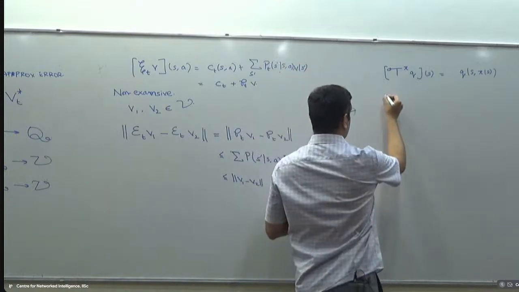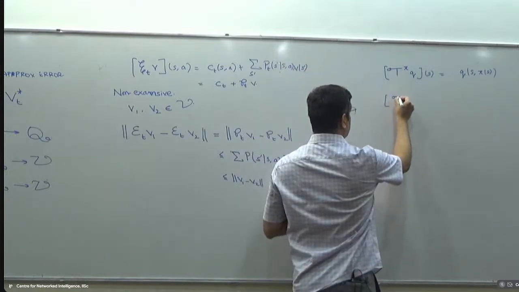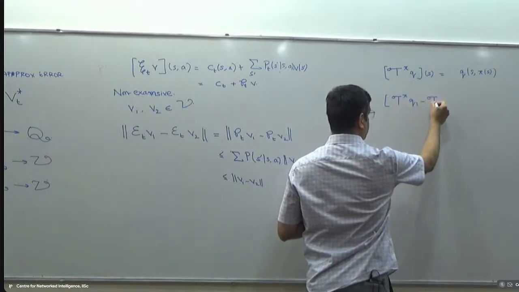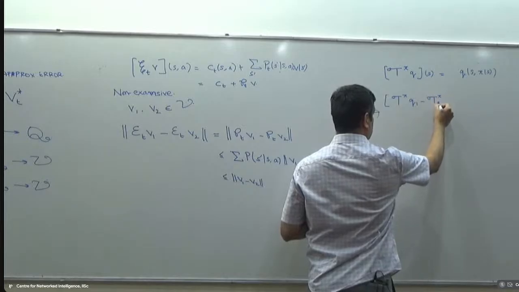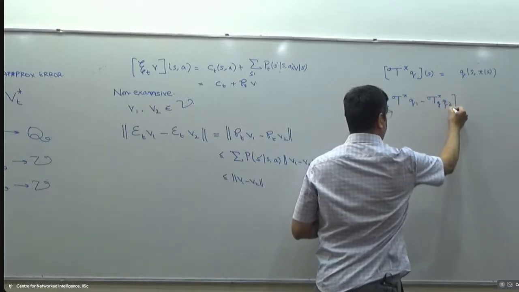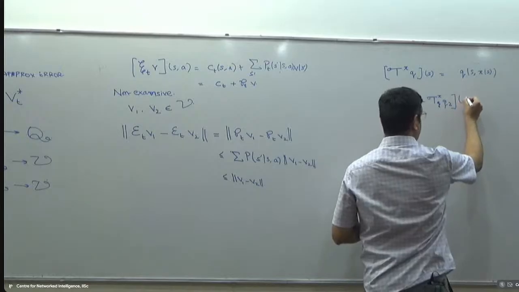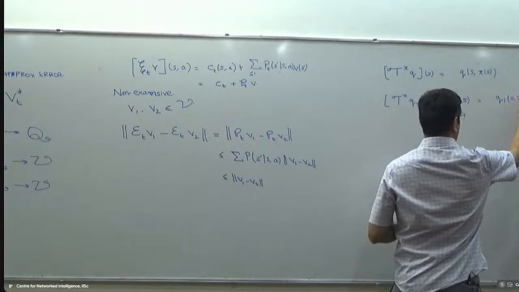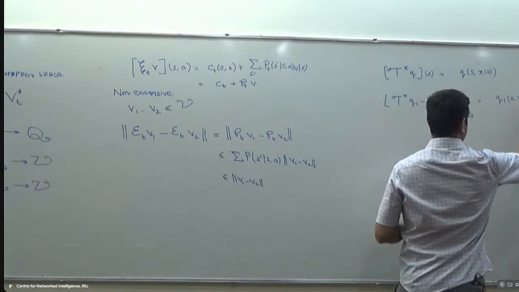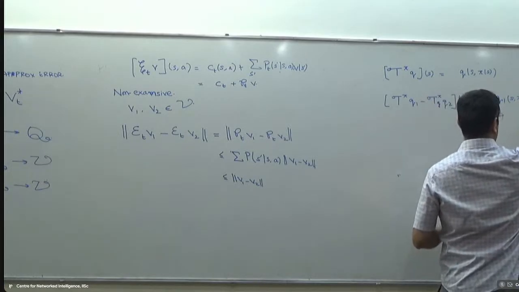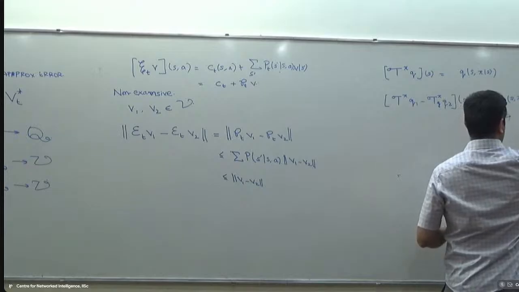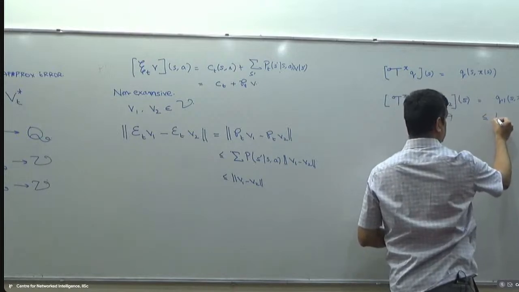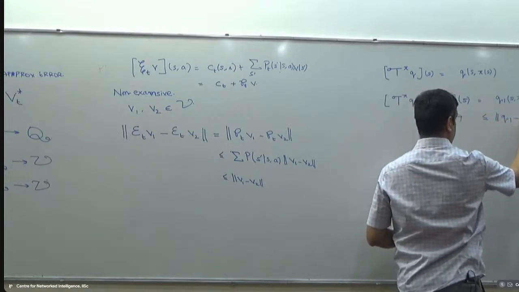Therefore, if I take T pi of Q1 minus T pi of Q2, and evaluate it at S, what I'll get is Q1 of S, pi of S minus Q2 of S, pi of S, and this is less than or equal to the sup norm between Q1 and Q2.